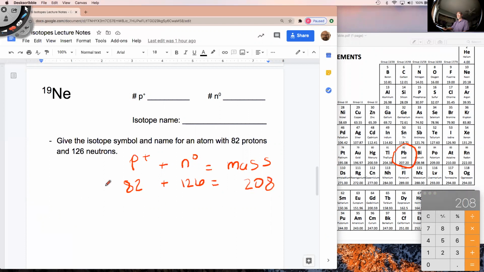So for this one, the symbol is going to be Pb with a 208 up there, because remember, that little number up there is the mass. And now what would be the name? The name would be lead 82, which means we're working with lead that has a mass of 82.